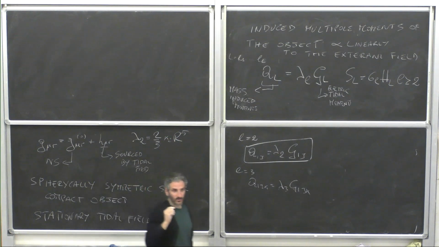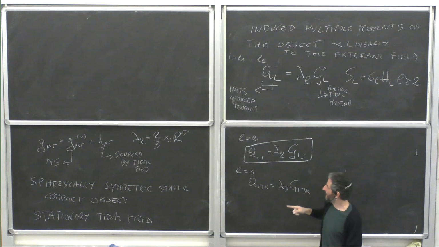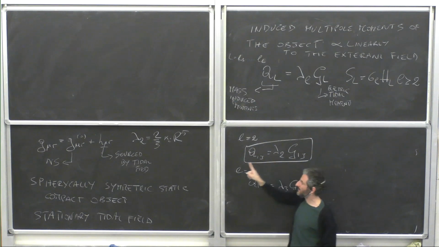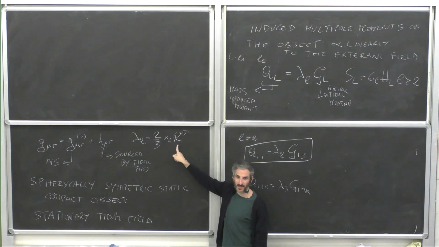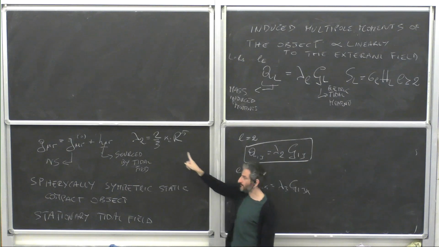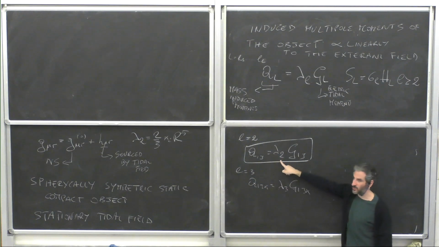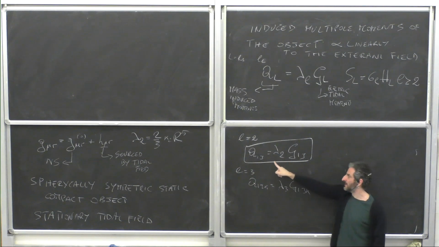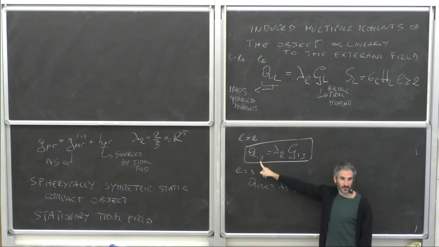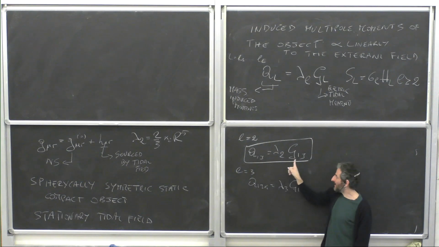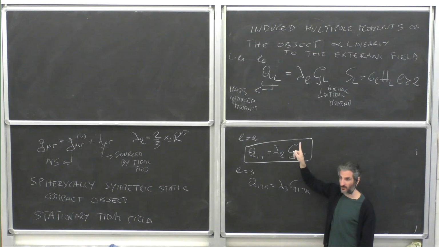This is something that we've seen at the very first lecture. So this tidal deformability is proportional to the Love number and the radius of the deformed object. And this is the constant of proportionality between the tidal field and the quadrupolar field.